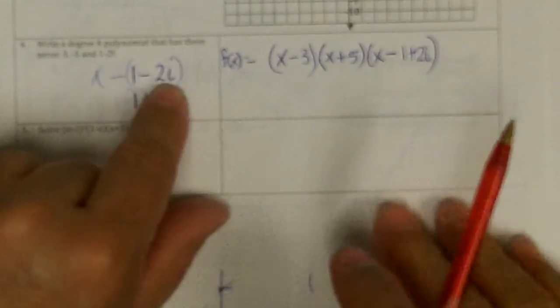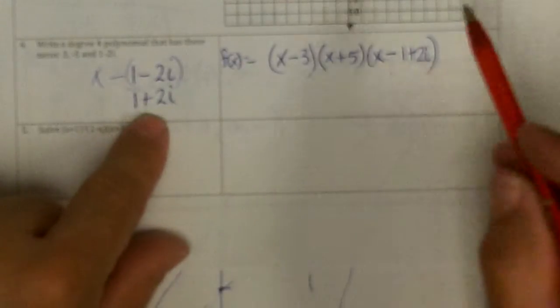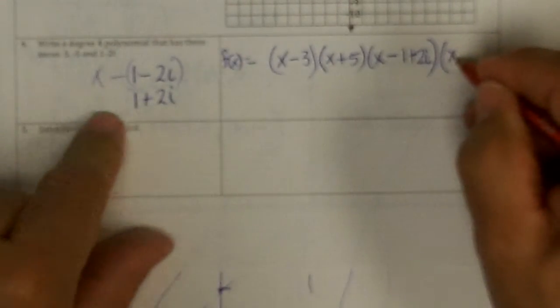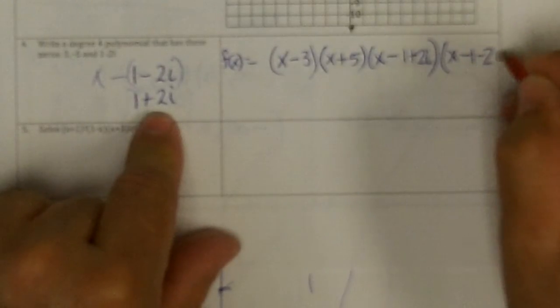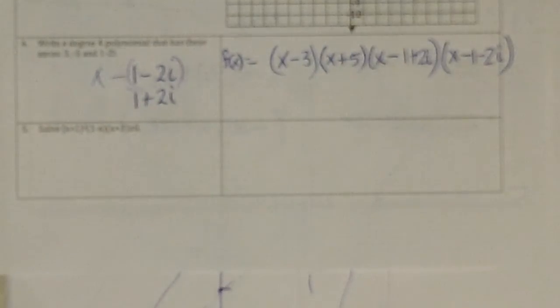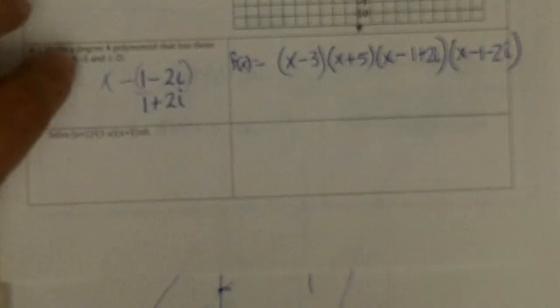So that minus goes to both of them. And I'm going to have x minus this, which is going to be minus 1 minus 2i. And that's a degree 4 polynomial that has these three zeros and the other one that would have to be.